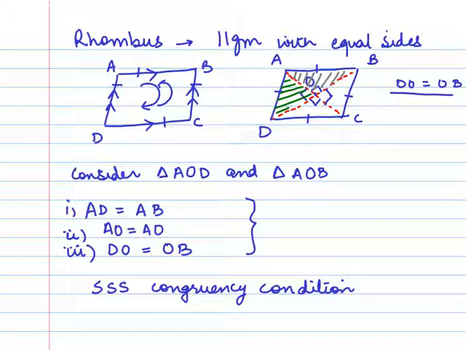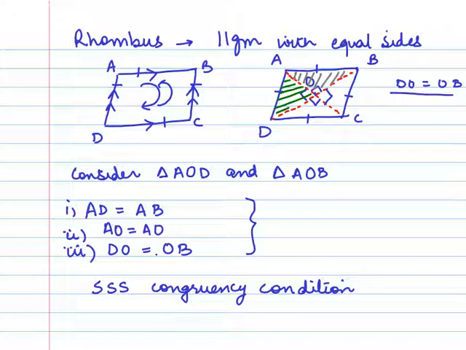Though over here we can see they are mirror images, if I move point B to point D, if I fold this triangle AOB towards AOD, then they will superimpose on each other equally, right? So therefore triangle AOD is congruent to triangle AOB.